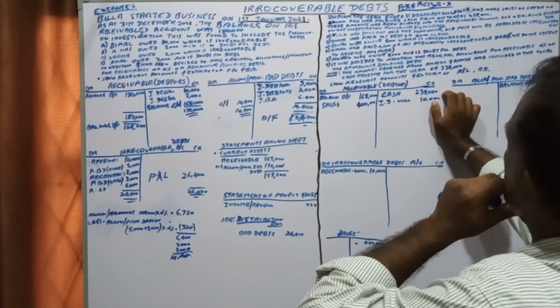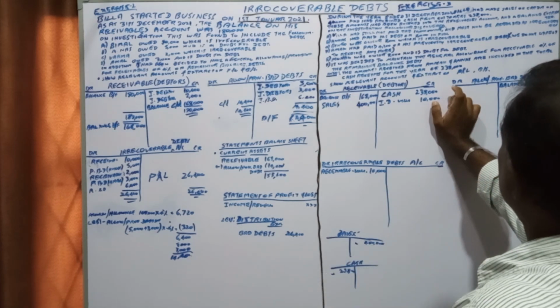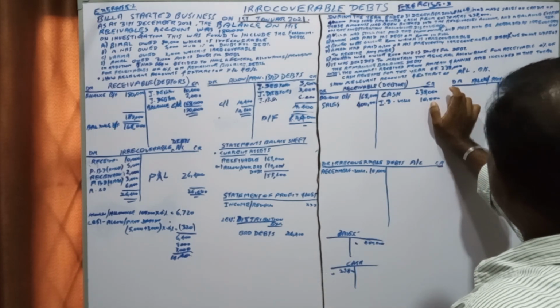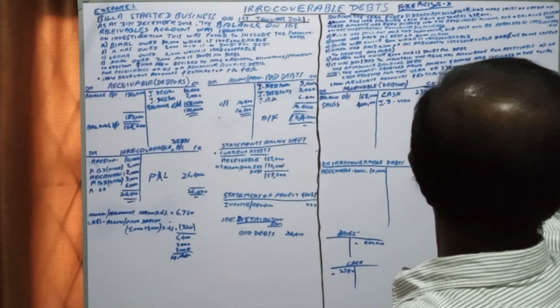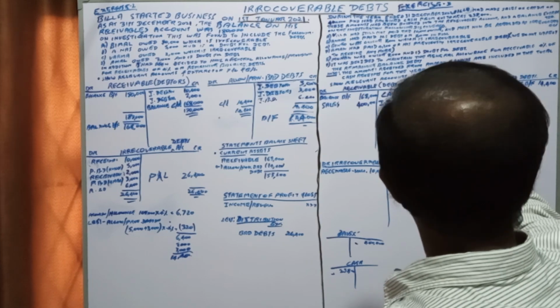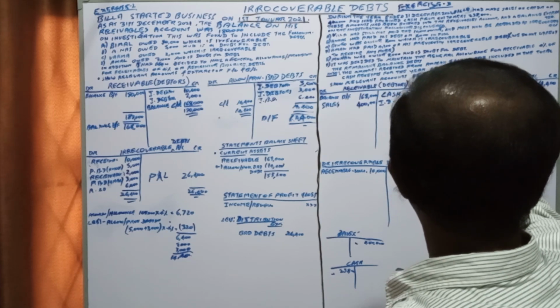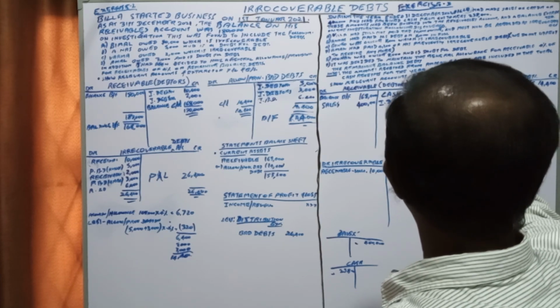Right. The amounts received from Aman and Anas are included in the total cash receipts for the year of 238,000.